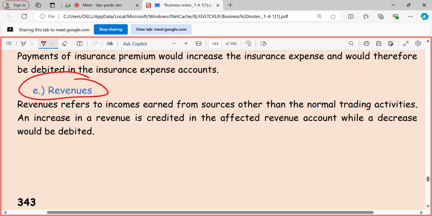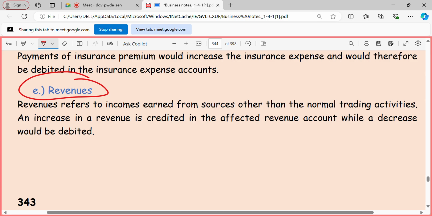We call them revenues. Examples are the commission, rent received when you receive the rent, and the discount received, and many things.